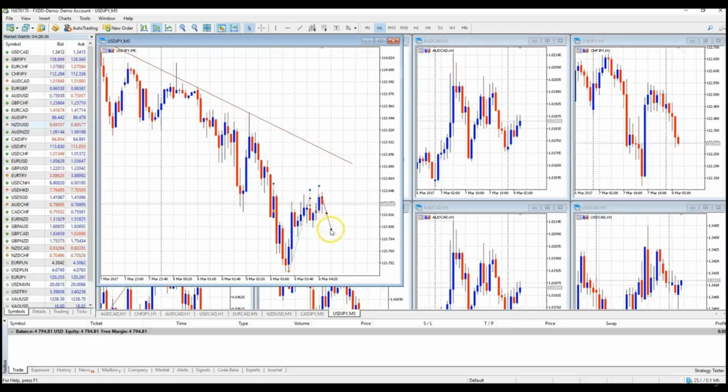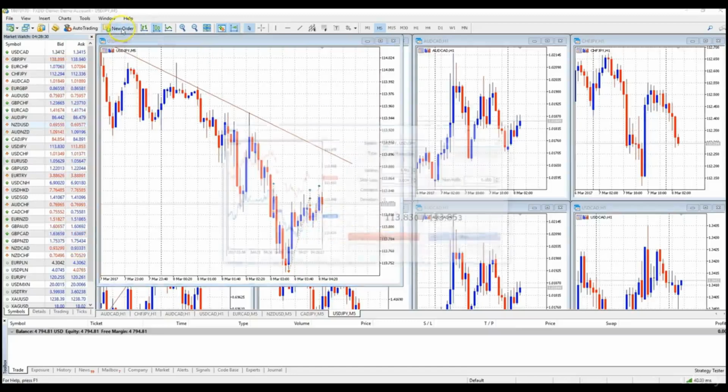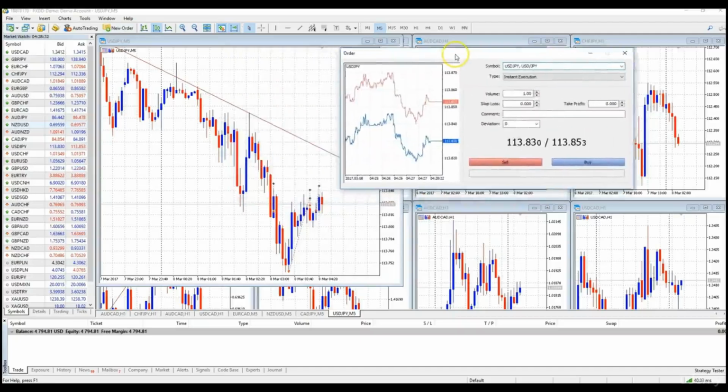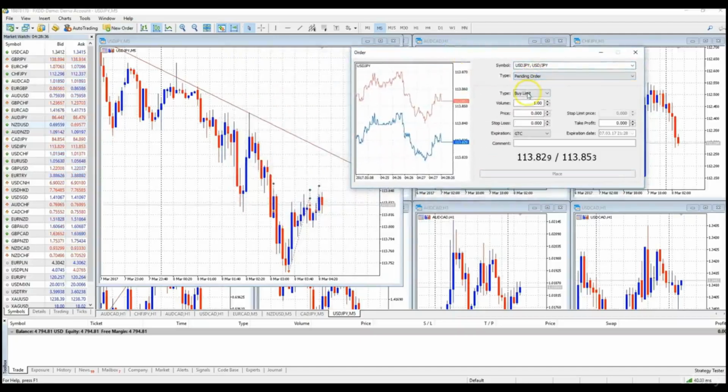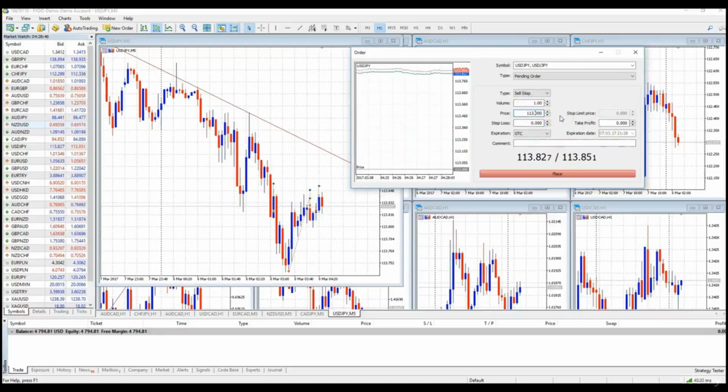That's just an example. So what we will do is go ahead and hit new order, and I'll go ahead and select pending order, and this will be a sell stop, and the price will be 113.78.